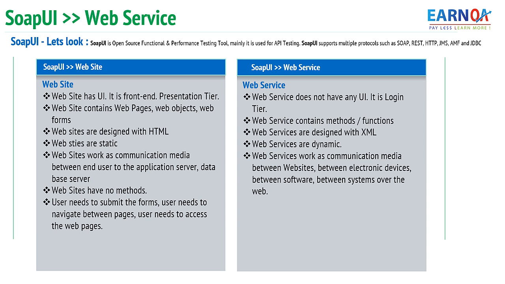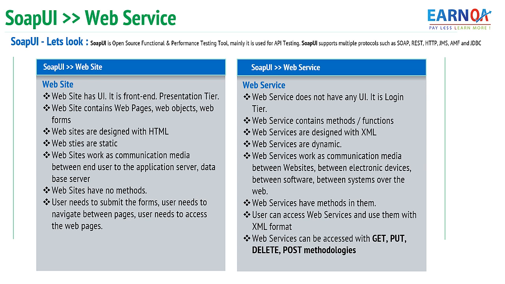Web services have methods in them, and users can access the web services and make use of all the methods present in them by means of the XML format. Web services can be accessed, implemented, or tested with get, put, delete, post kinds of methodologies. So this is the simplest way to differentiate between a website and a web service.